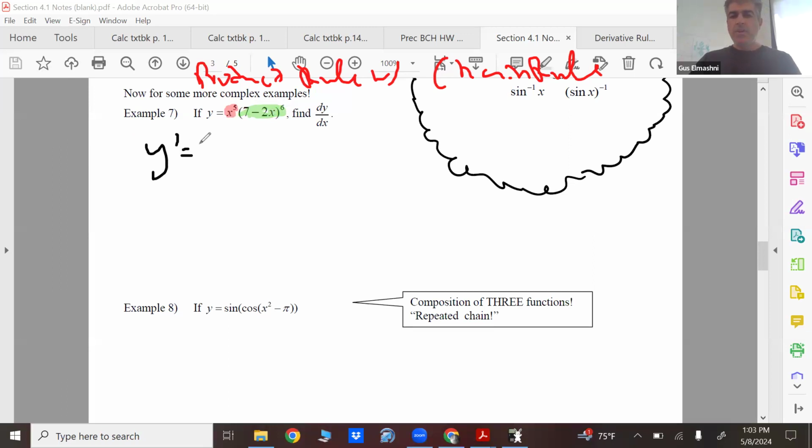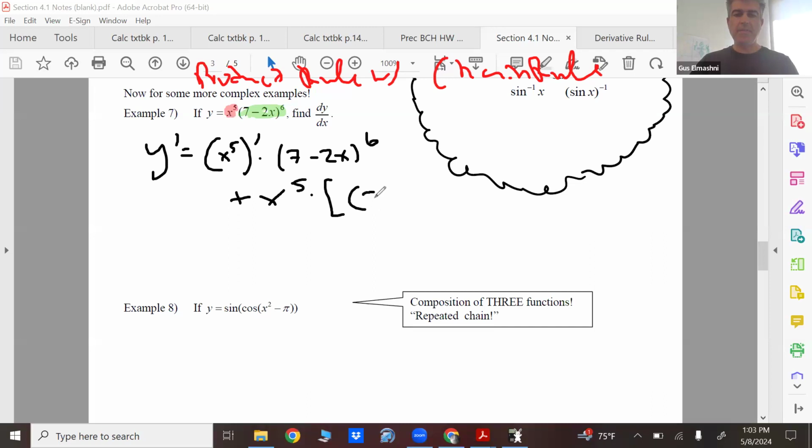Okay. So what I'm going to do is this, x to the 5th, derivative, plus. So what I'm doing is I'm just showing you the process.